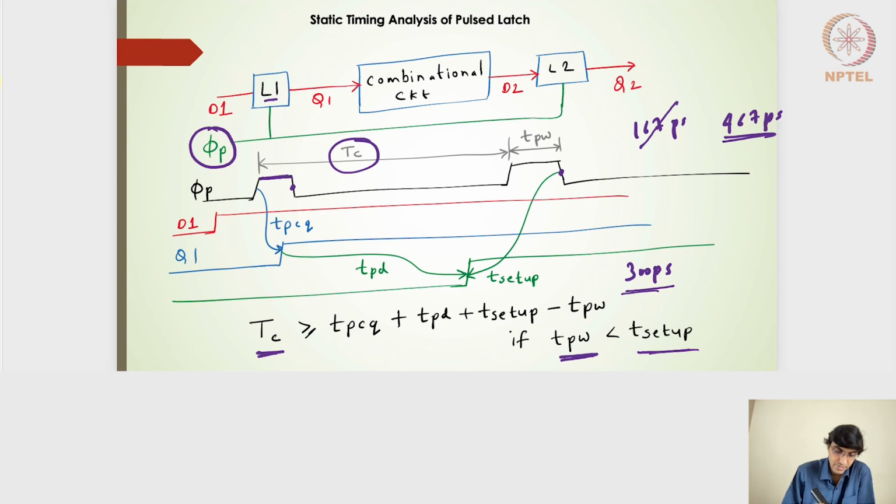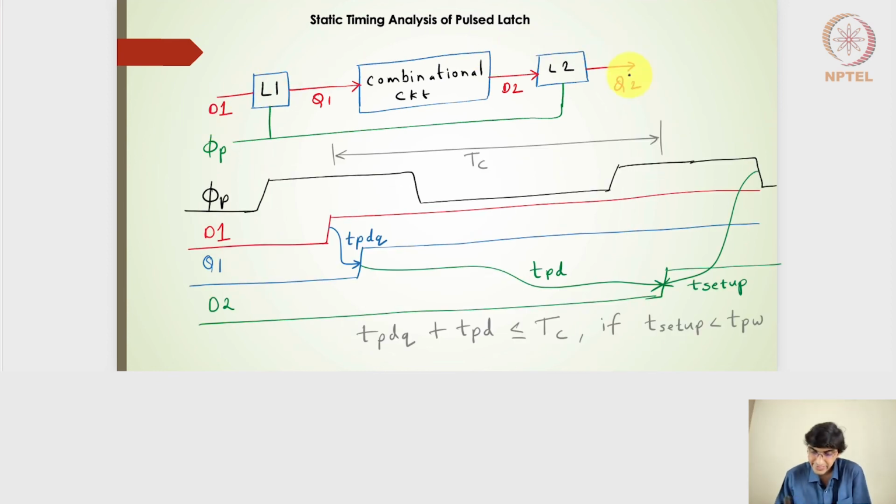Then what happens? We will have the same circuit diagram, the same block diagram, where the latch, combinatorial circuit, latch 1 and latch 2 are driven by these pulse signals. And instead of a small pulse here, I will have a larger pulse width. Because I have a larger pulse width, the D signal can arrive during that particular pulse width.